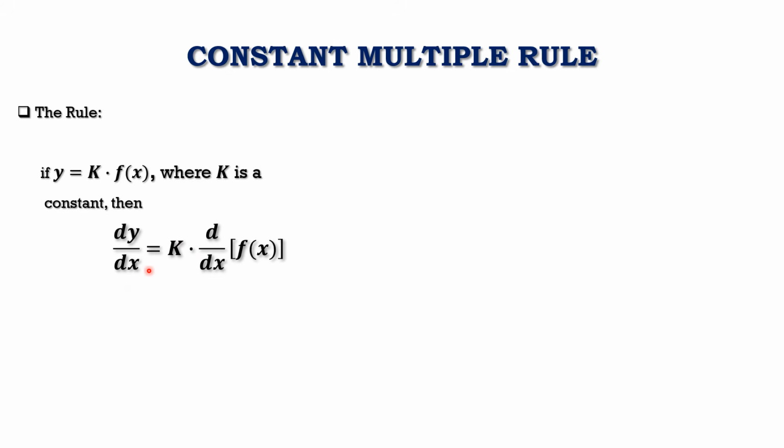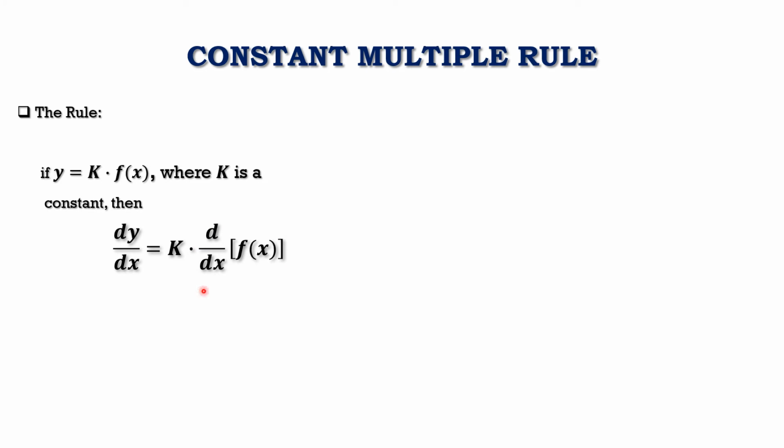Now let's proceed to the next rule, which is the constant multiple rule. So the rule says that if y equal to k dot f of x, where k is a constant, then dy dx is equal to maintaining the constant and differentiating the function.